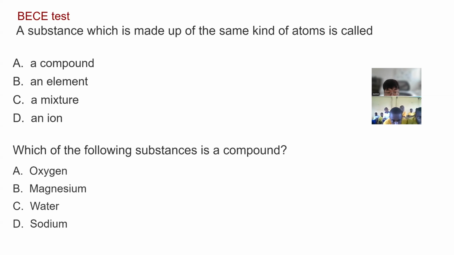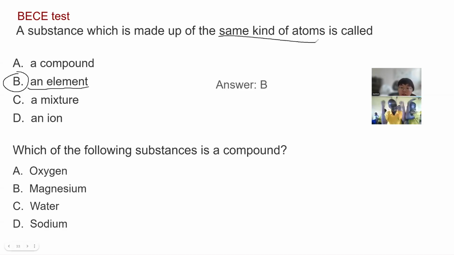You're saying B, right? B. An element? Yes, that is correct. Yeah, it is an element. Again, it's the same kind of atom.